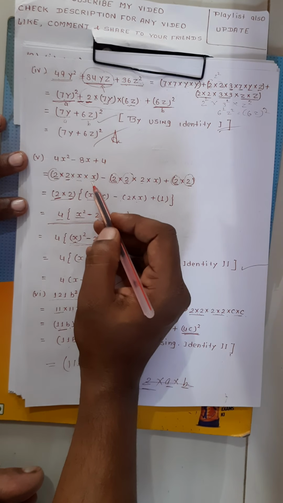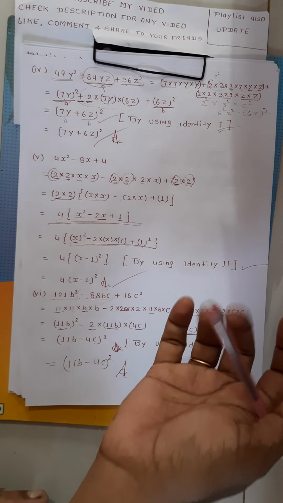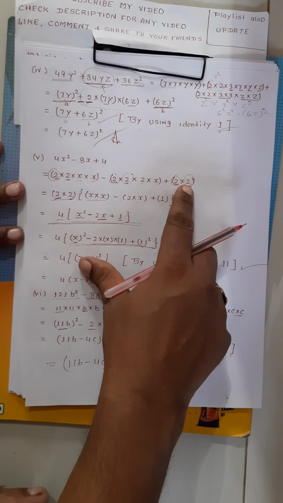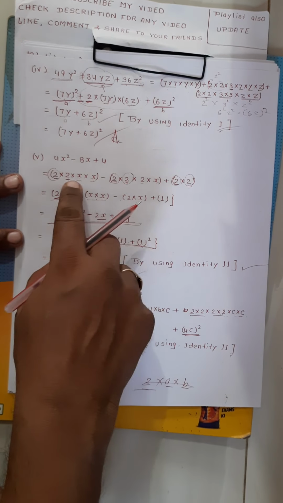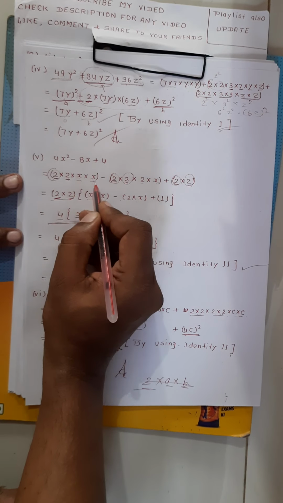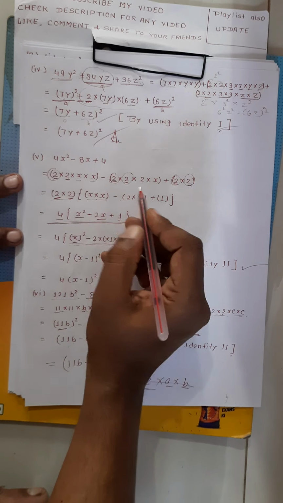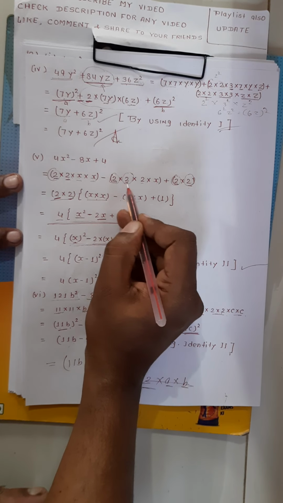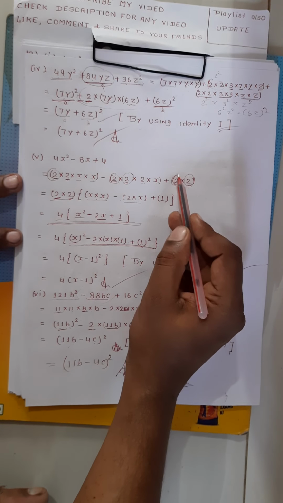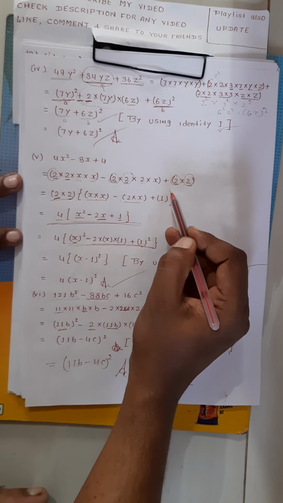So we have taken out 2 into 2 from all terms. Since we have taken out 2 into 2 from the first term, x into x will be left. In the second term, since we took out 2 into 2, 2 into x will be left.